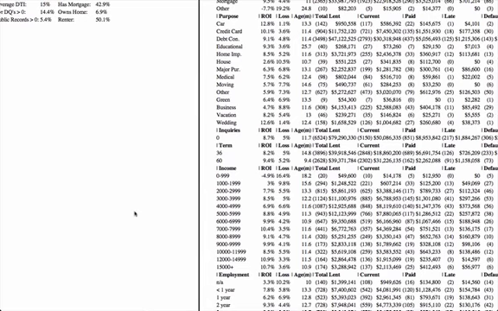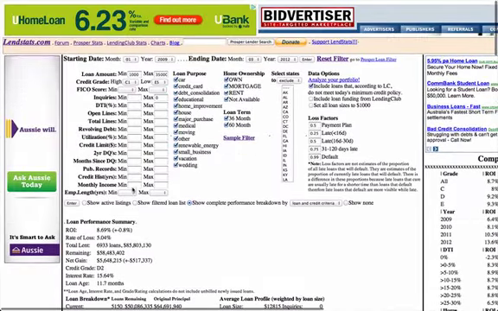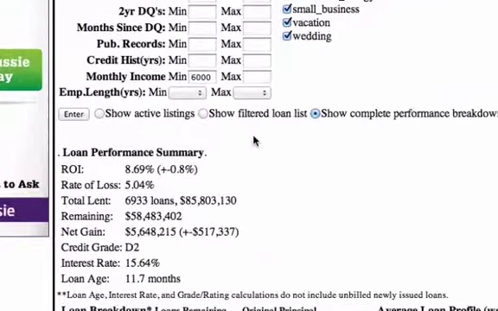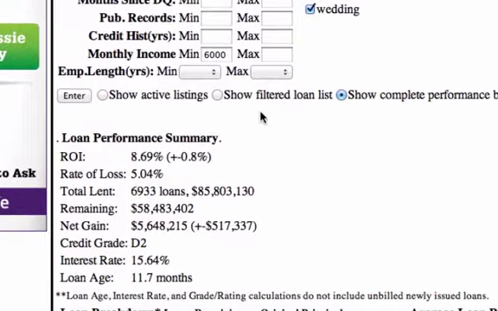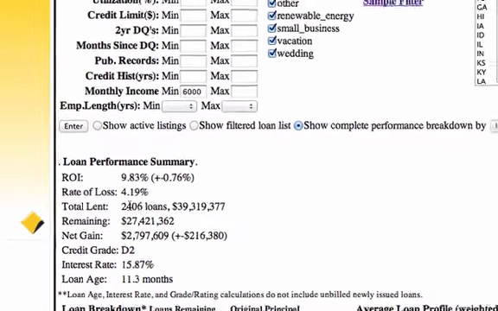So if I go back over here and choose $6,000 a month, now you're going to dramatically reduce your number of loans, but this is a way to bump up this ROI. So you go, okay, let's use $6,000 a month, and we've basically gone up a whole percentage point to 9.83, and 2,406 loans. Still enough loans on the platform.